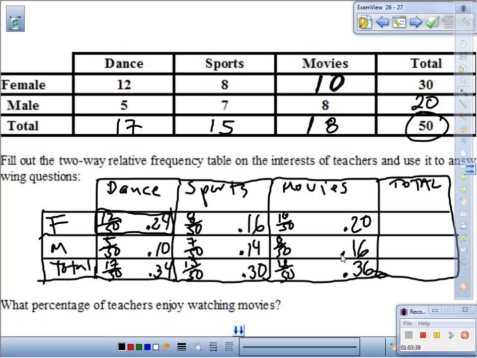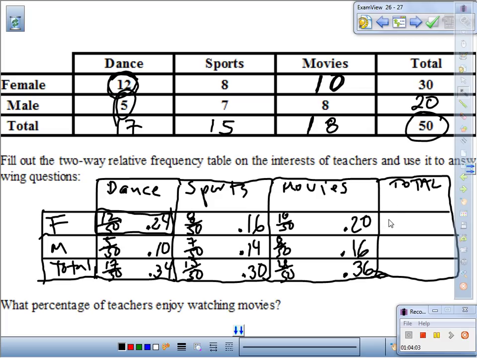Now, for those of you that haven't figured this out and you're doing the long division, so this is out of 50, right? If it was out of 100, that means it would be double the amount that we have. Look at 12. What is double that? Look at 5. What is double that? And so on and so forth. Yes?